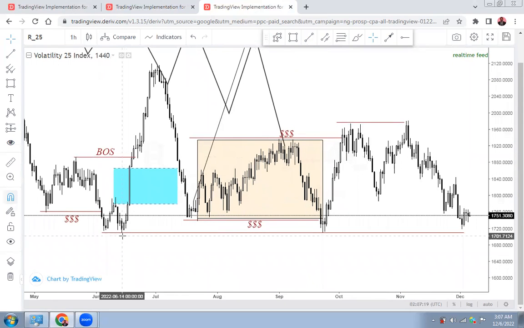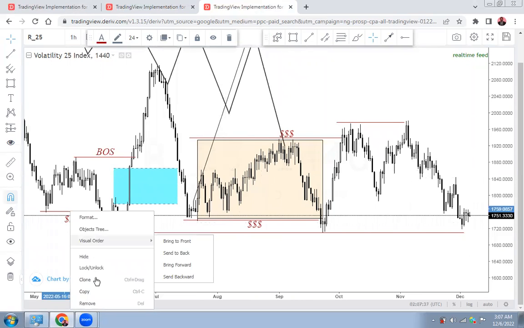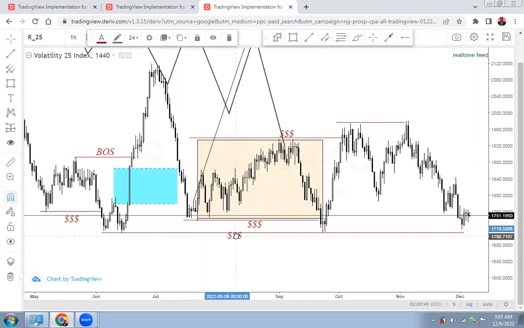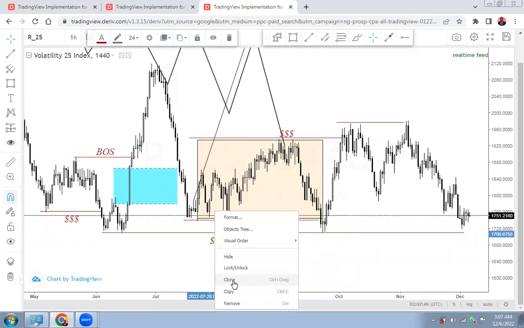Price came here, a touch, did its things, accumulated a lot of orders, liquidity around this place, and price came back here, did its things, and then price is back here now. So this is some form of liquidity that is building around this zone. Price is building within this zone for a very long time.